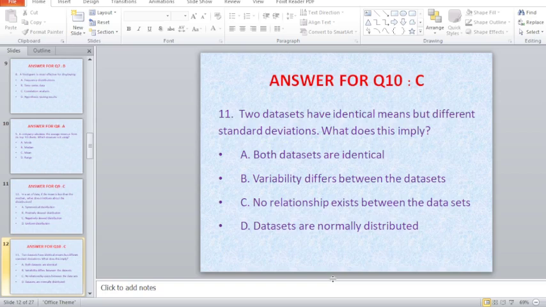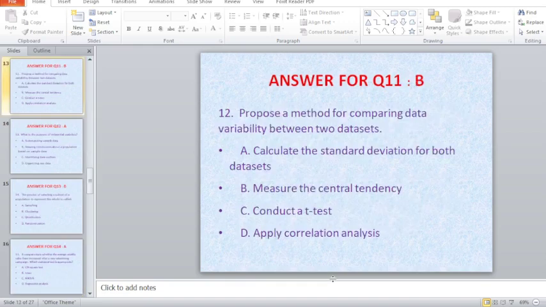If two data sets have identical means but different standard deviations, this implies there is a variability difference between the data sets. The answer is choice B.